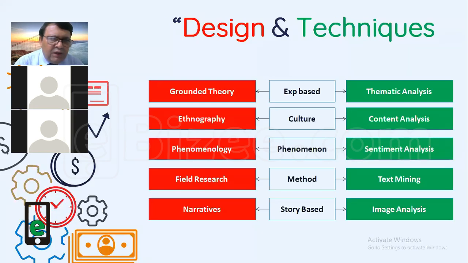And last but not the least, the common design in qualitative analysis is narratives. The method used in narratives is to link things in a story form, right? Wherein probably we use image analysis. I'll give you an example. Suppose you want to talk about the emerging trends in Bollywood.